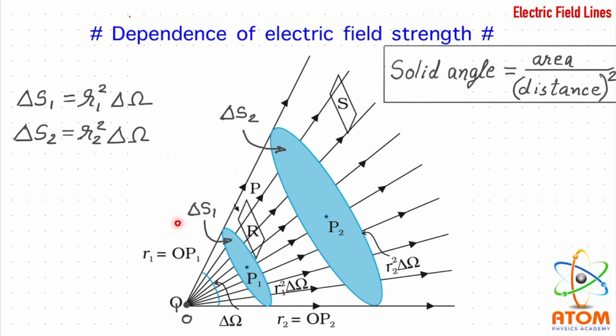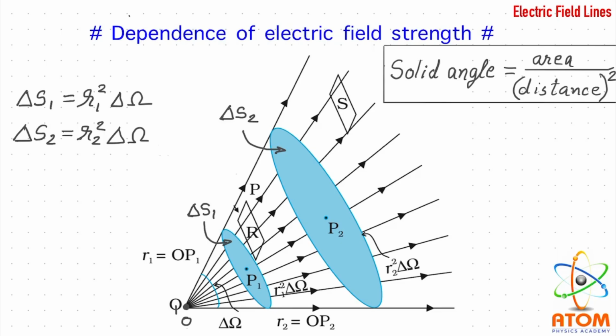Note that both of these areas delta S1 and delta S2 are subtending the same solid angle delta omega at this point O near charge Q. The distance of point P1 from charge Q is R1 and of point P2 from charge Q is R2. That means R1 is OP1 and R2 is OP2.